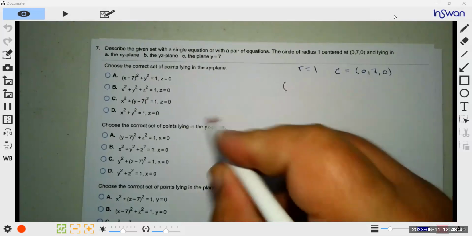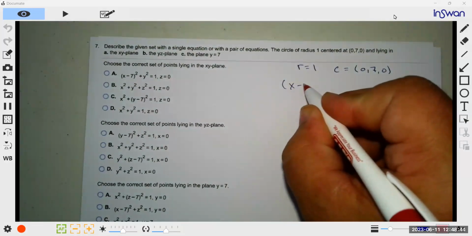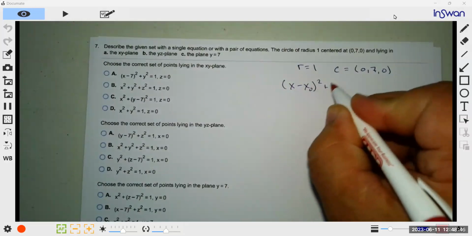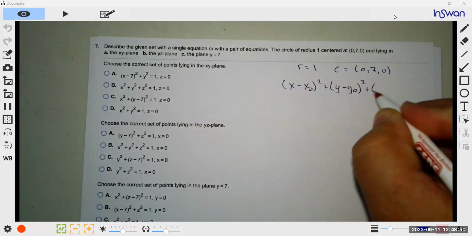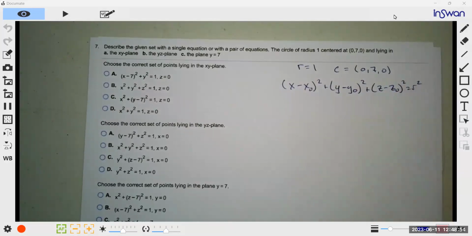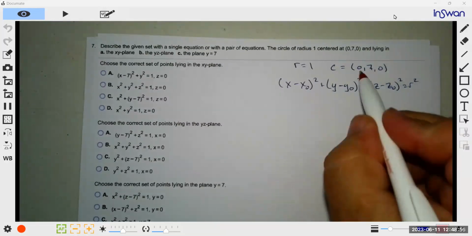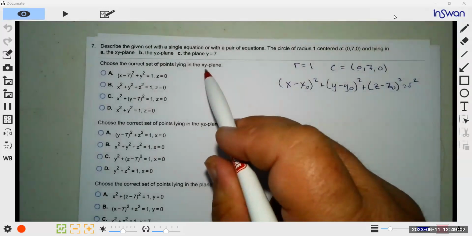Remember, for all of these three, the equation of a circle is this. So since x is 0, we're looking at the XY plane.